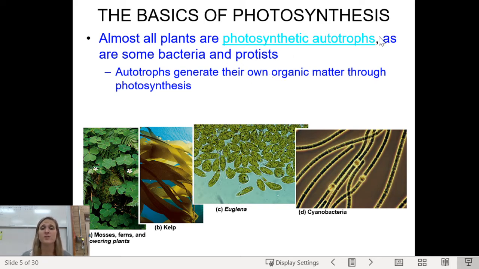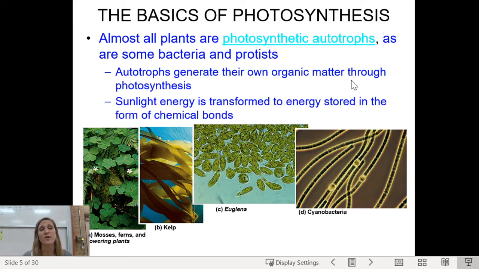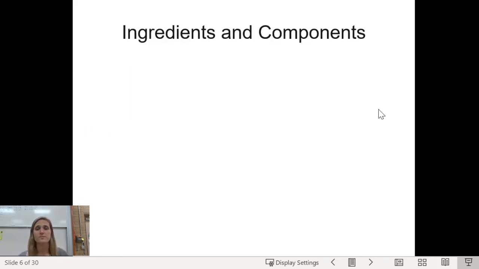An autotroph is something that can generate its own organic matter, its own food, by photosynthesis. And in that process, sunlight energy is transformed to energy stored in the form of chemical bonds. So that energy from the sun is basically changed into a form like glucose, where the energy is stored in the form of chemical bonds.